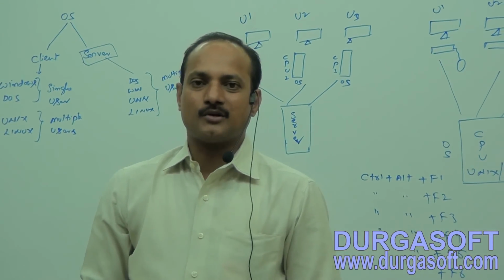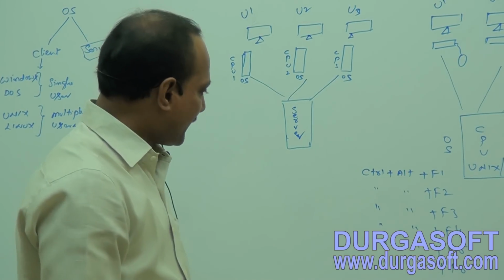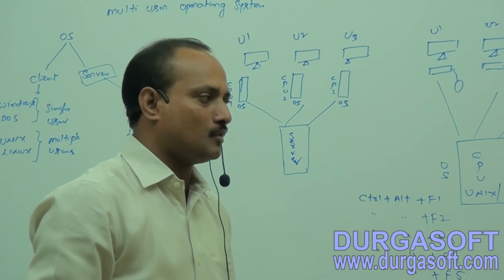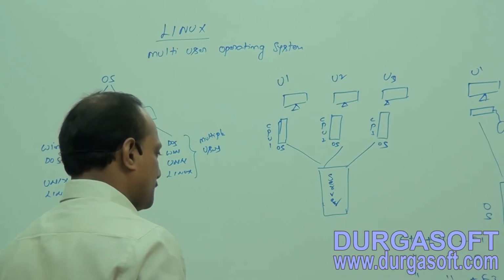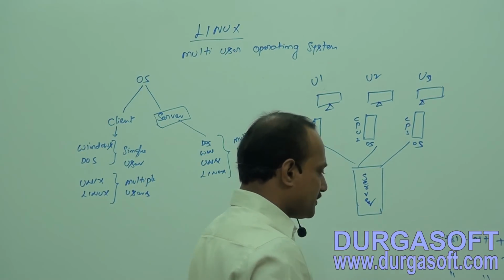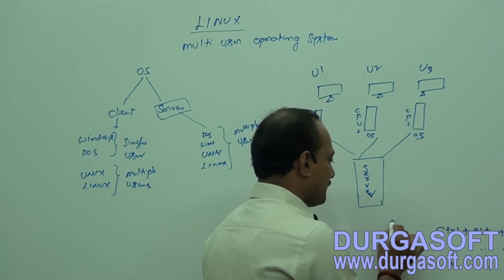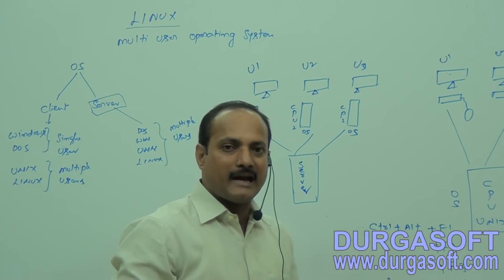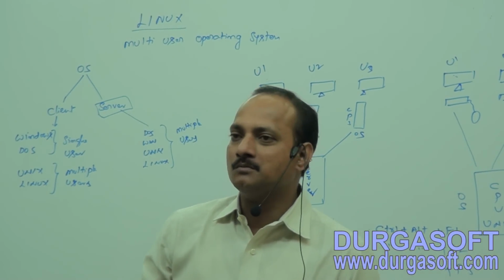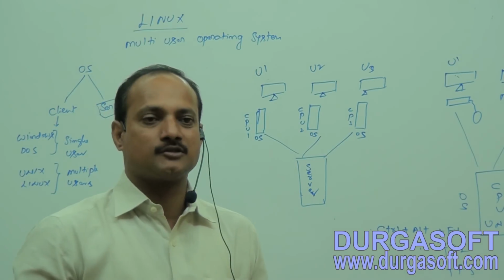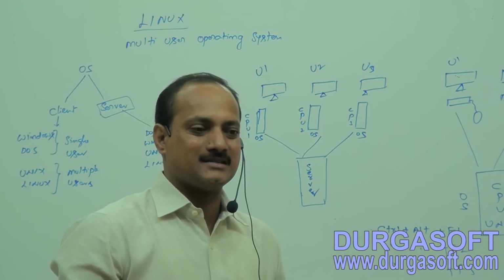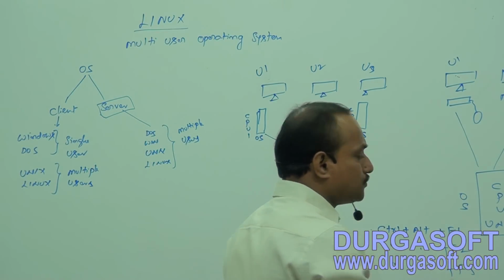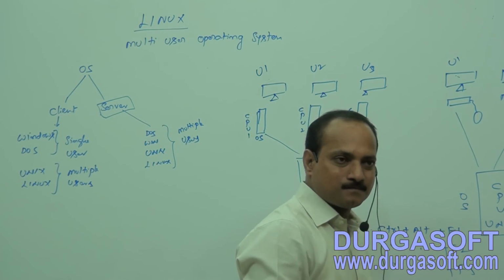So 6 users are able to connect to a single Unix operating system or a single Linux operating system. Each user has his own terminal like this, output terminals and input terminals, but there is no more than one CPU and no more than one operating system. That's why we can say Unix and Linux are multi-user operating systems.